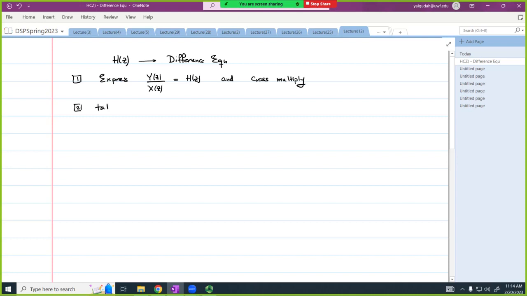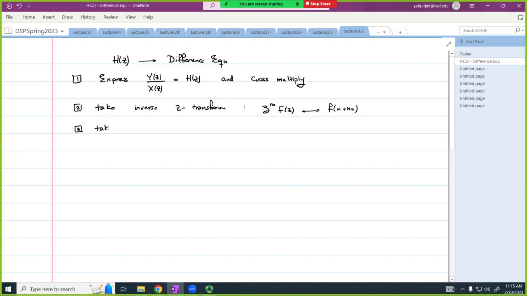We're going to take the inverse z transform: z to n0 multiplied by f of z is going to give me f of n plus n0.